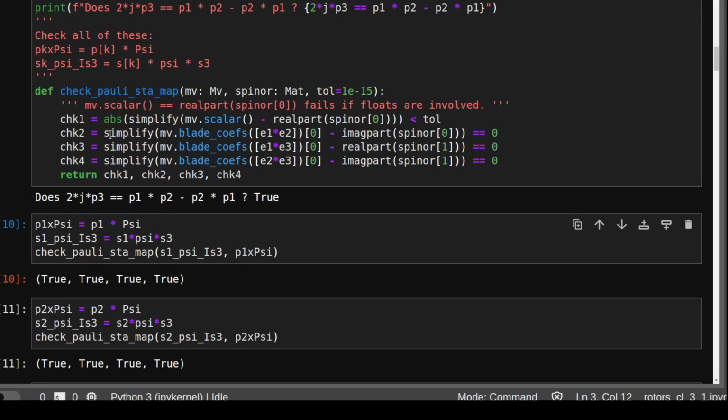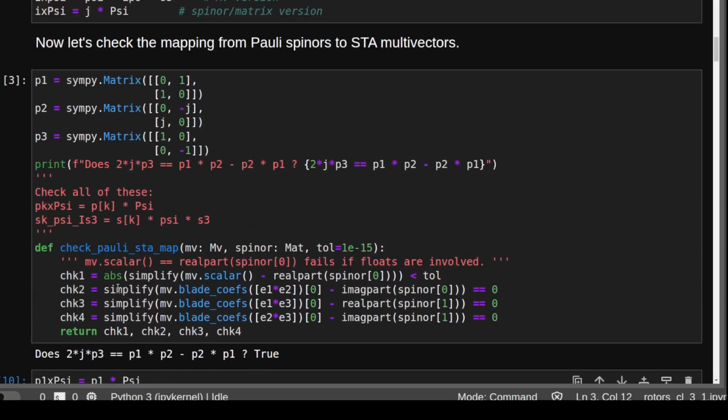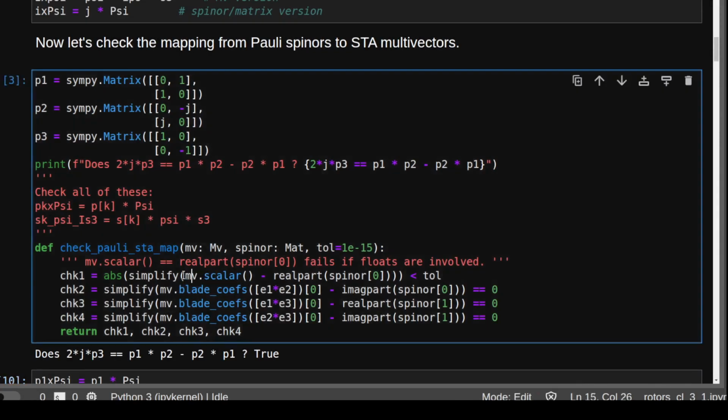Okay, so let's quickly look at this code. So the scalar part of the multivector, that's this bit here, should be the real part of the first row of the spinor. The E1, E2 blade or bivector part of the multivector should be the imaginary part of the first row of the spinor. And this is the interesting bit.